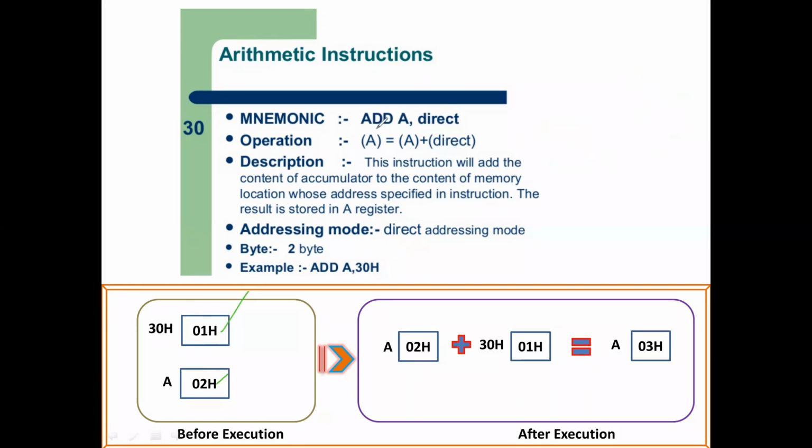So I'm going to do my add operation. As per this operation, I'll be adding the content of the accumulator and the content of the memory location. So if I add, I'll be getting a result of 03H, right?